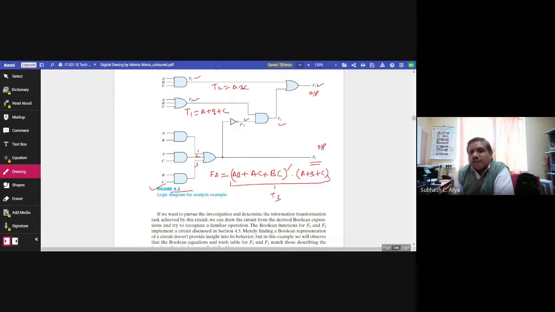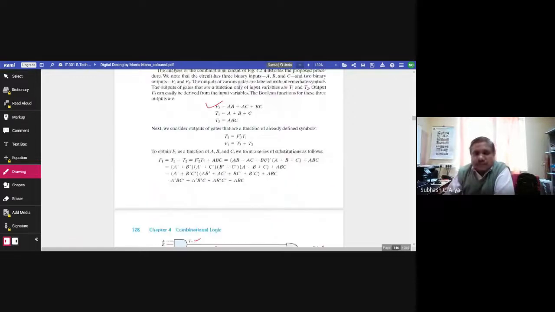T3. And F1 is nothing but the summation of T3 plus T2, and T2 is A, B, C. So this is how you can write the expression of F2; T1, T2, and T3 are functions of F2 bar and T1.